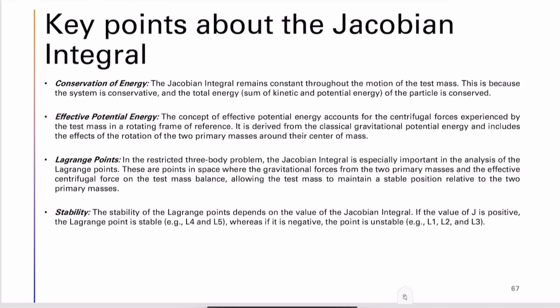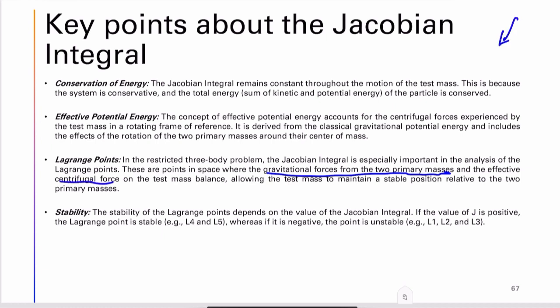Okay. The next one is the Lagrange points. We will see what the Lagrange points are. In the restricted three body problem, the Jacobi integral is especially important in the analysis of the Lagrange points. These are the points in space where the gravitational forces from the two primary masses and the effective centrifugal force on the test mass balance.